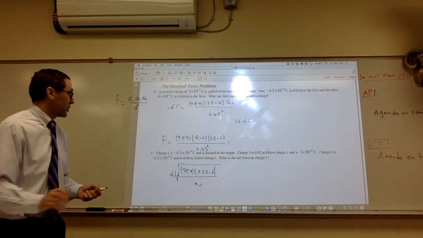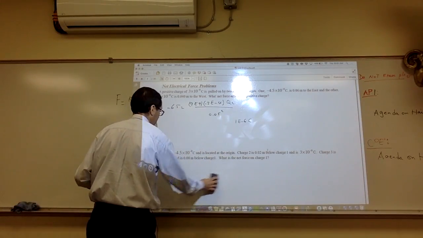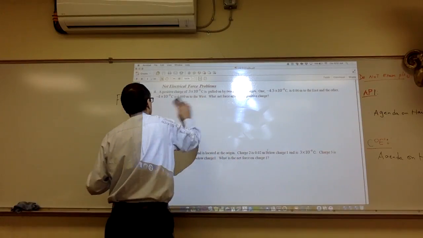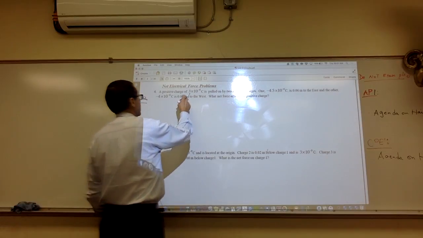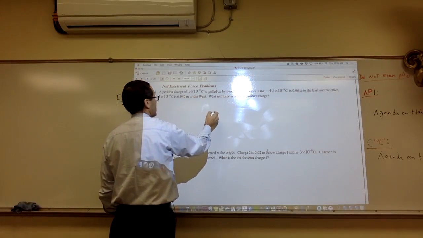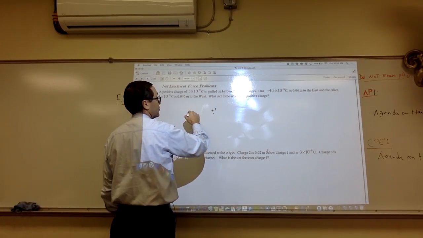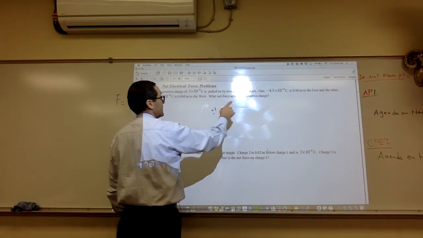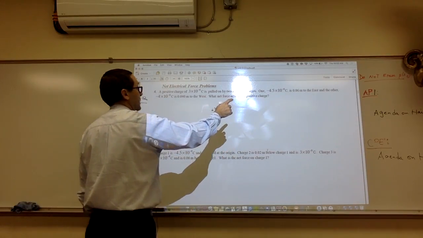Now, net electric force problems, meaning you have more than 2 charges interacting. A positive charge of 3 microcoulombs is pulled by 2 negative charges. So here is the positive 3 microcoulombs. One is -4.5 microcoulombs, and it's to the east.